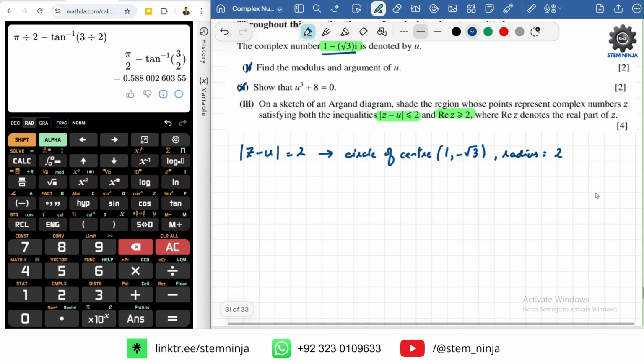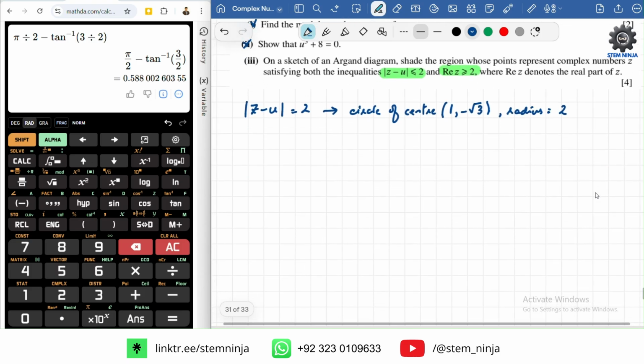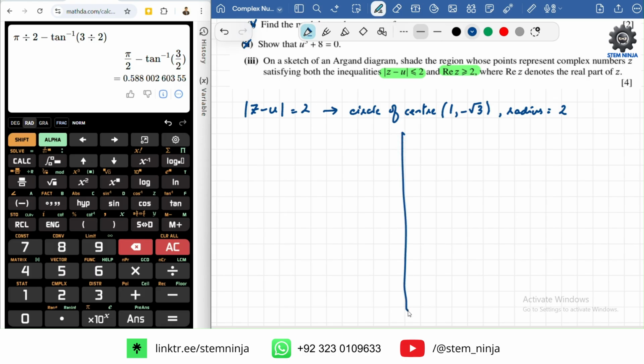Okay, so first off we have x and y axis, 1 2, 1 2 3 4, 1 2 3 4.